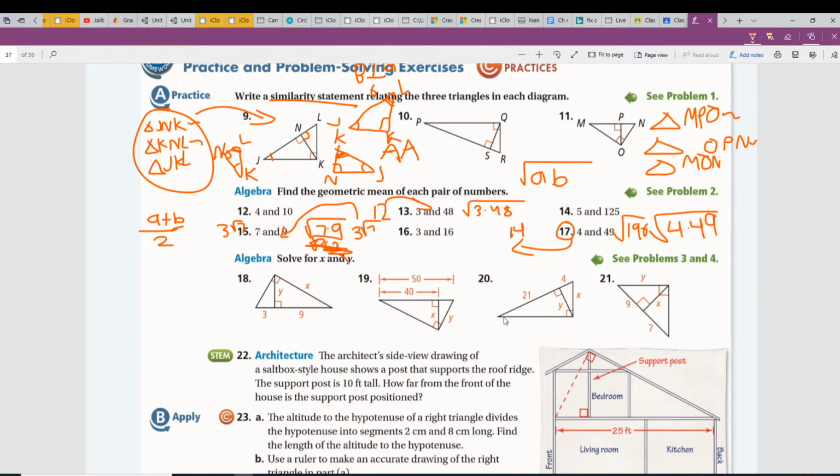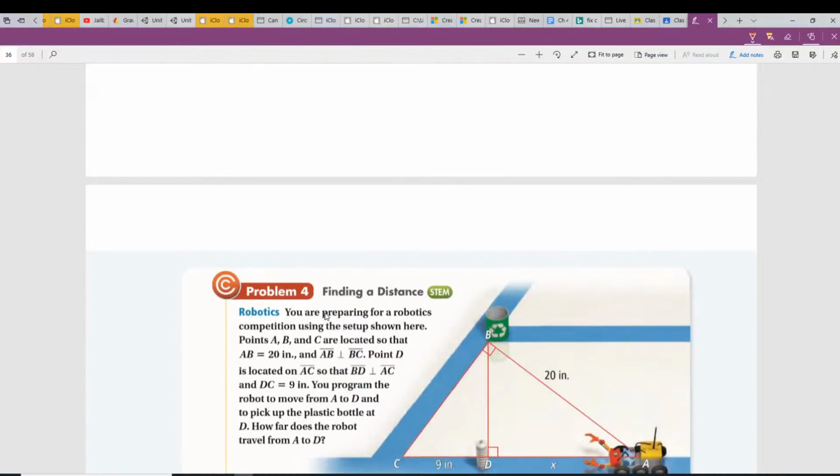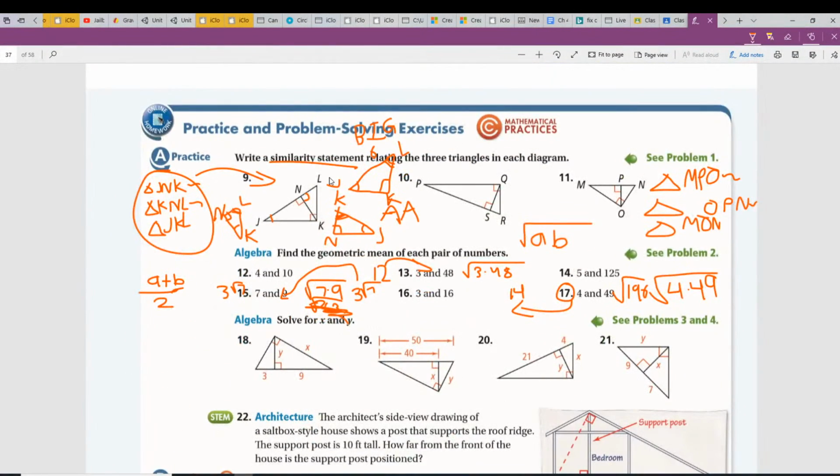Solve for x and y. Now, the way we're gonna solve for x and y is, oh yeah, it's on here. So we know that all the triangles in this have congruent angles, so they are similar.